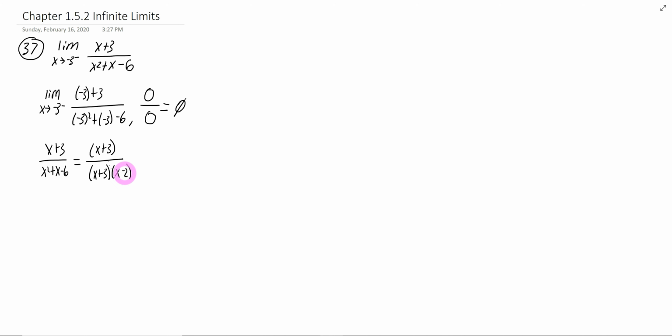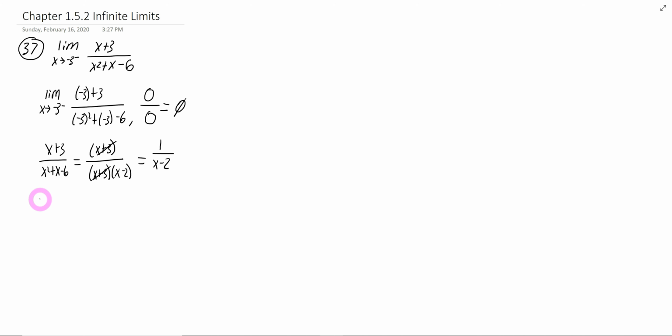And this is wonderful because look, numerator and denominator have shared terms. As a result, they go bye-bye and they leave. As you can see, we're just left with 1 over x minus 2. And now we have a very, very solvable limit.